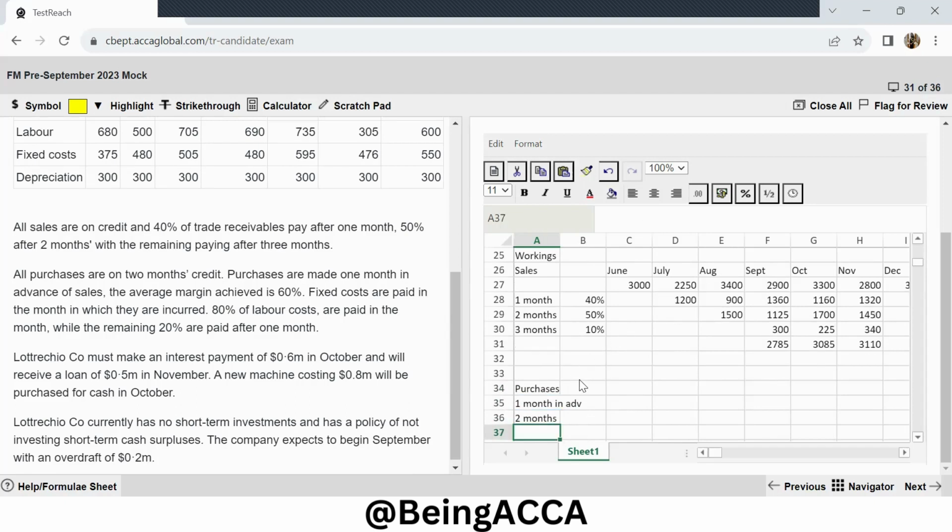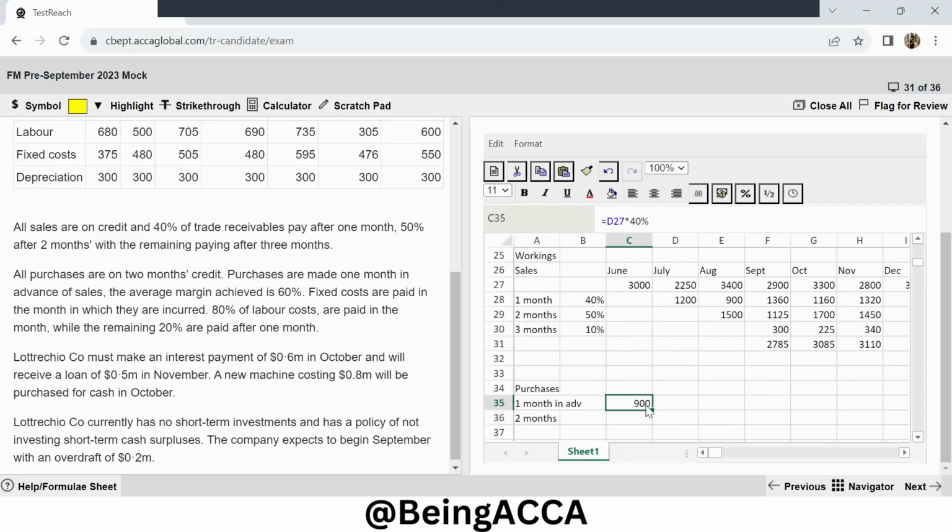So first of all, I'm going to be taking 40% of the sales. We are buying 1 month in advance. So for the month of July, I'm going to be buying in the month of June. So this will be the 40% of this, and we are getting a credit of 2 months, right?